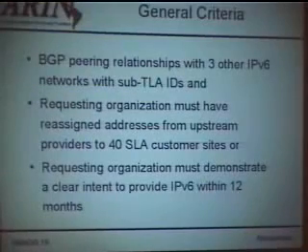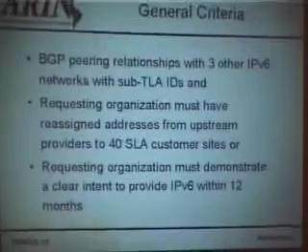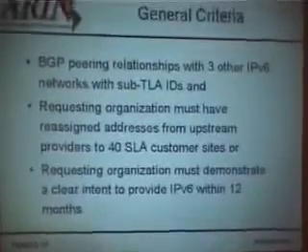The organization must also have reassigned IP addresses from their IPv6 upstream providers to at least 40 downstream sites. Also, that organization must, in addition, demonstrate a clear intent to provide and expand their IPv6 services within 12 months of the allocation from the Regional Internet Registry.